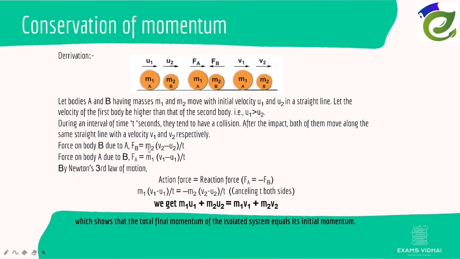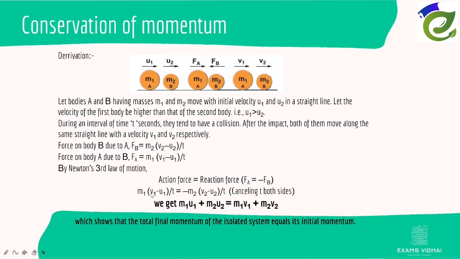So here, FB is m2 into (v2 minus u2) by t, where we consider only u2 and v2. The rate of change of velocity gives acceleration, multiplied with m2, which gives FB. Similarly for FA, we find (v1 minus u1) by t as acceleration, multiplied with m1 to give FA. This FA and FB are substituted in the formula such that m1 into (v1 minus u1) by t equals minus m2 into (v2 minus u2) by t.